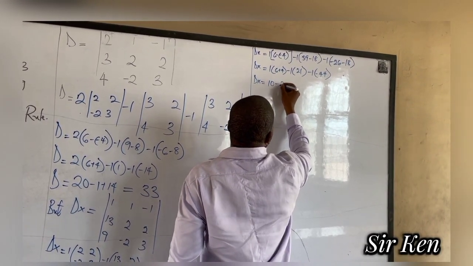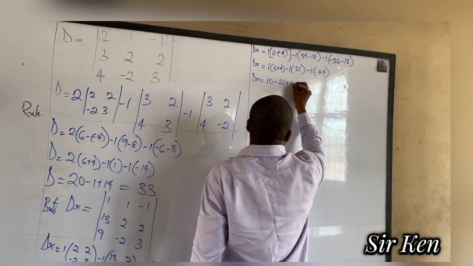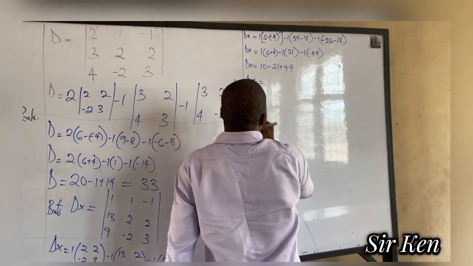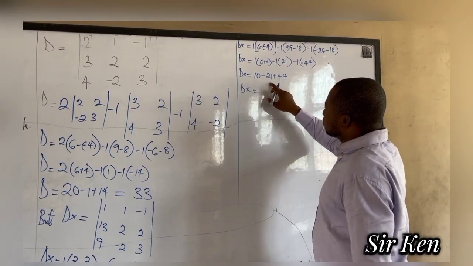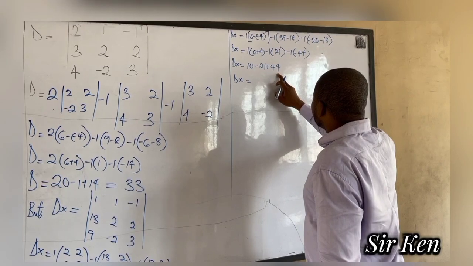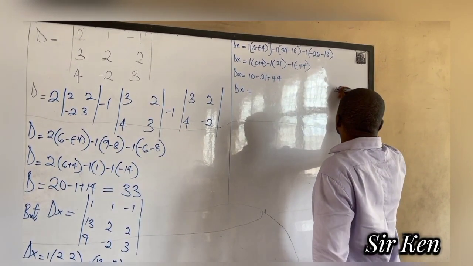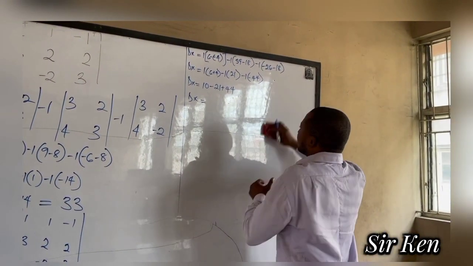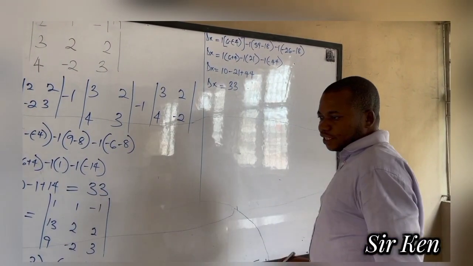Minus 21. This is minus 1 times minus 44, becomes plus 44. So 10 minus 21 gives us minus 11. Minus 11 plus 44 gives plus 33. That is 33. That is for the x.